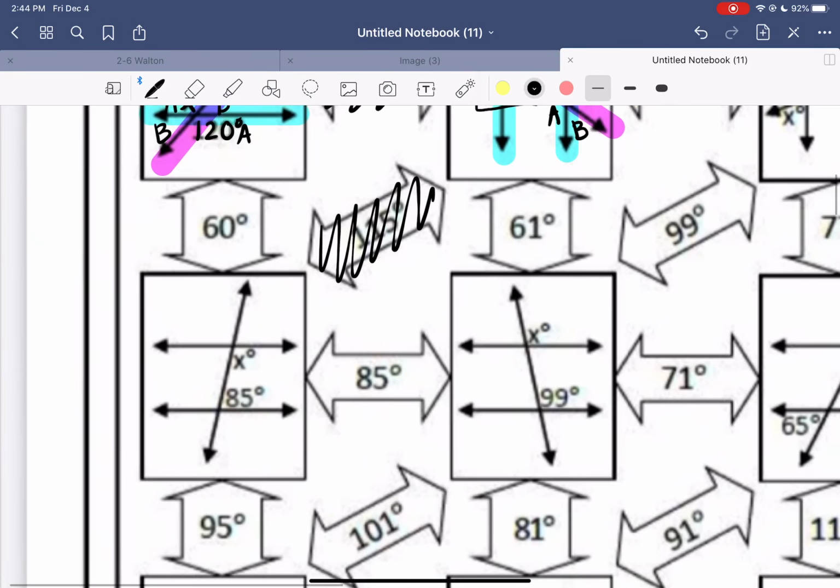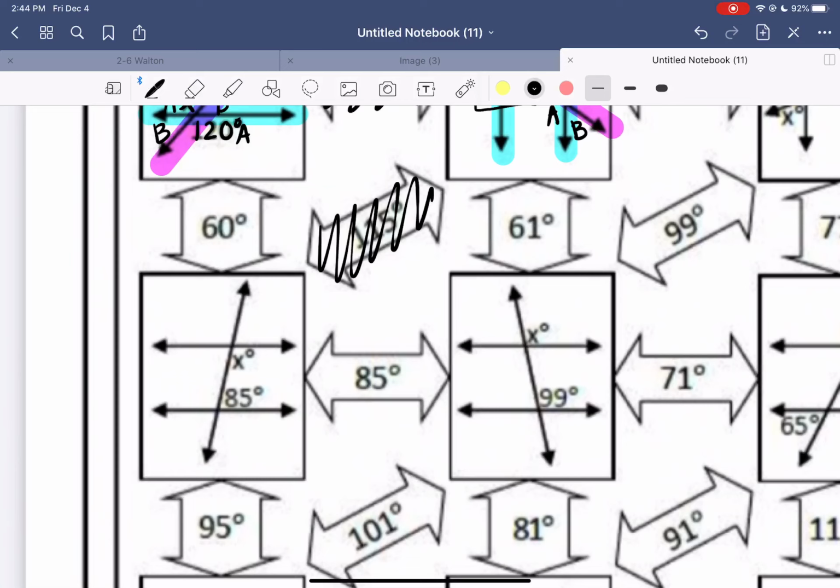All right, moving to the next one. We have 2 parallel lines, again, being cut by a transversal. I'm going to go ahead and fill that pattern in, A, B. So it looks like our X degrees is an A. This is A, B, A, B. So we have 85 degrees.